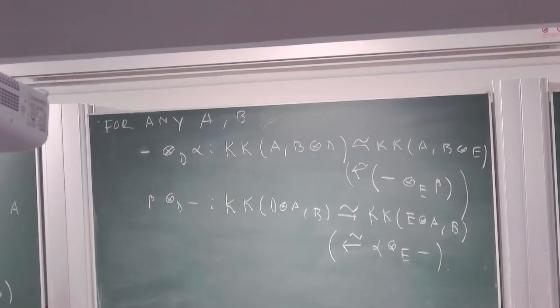So producing K equivalents gives you 3 and 5. Yeah, this one. So recall suspension was tensoring with C0(R). So double suspension means tensoring with C0(R) twice, which means tensoring with C0(R2).